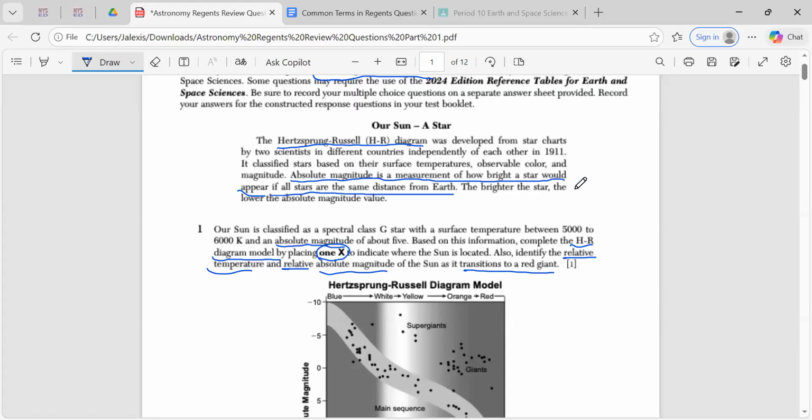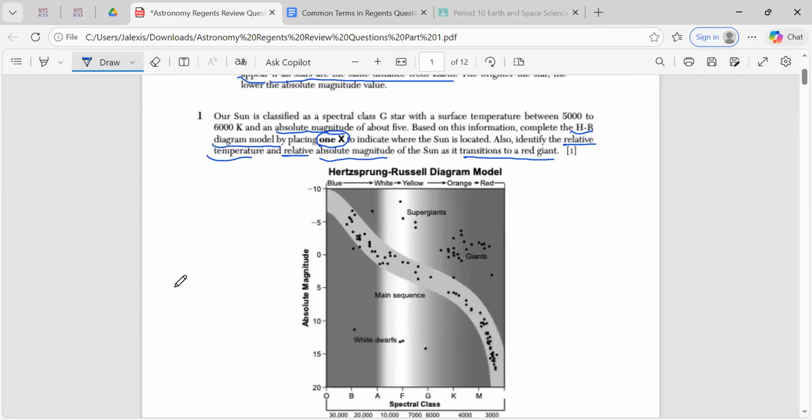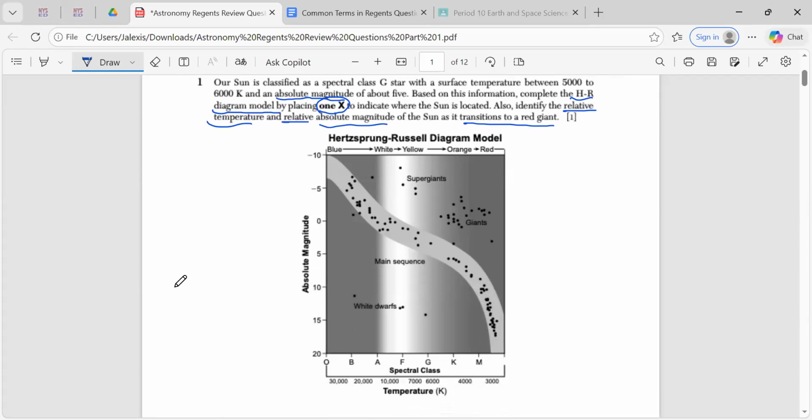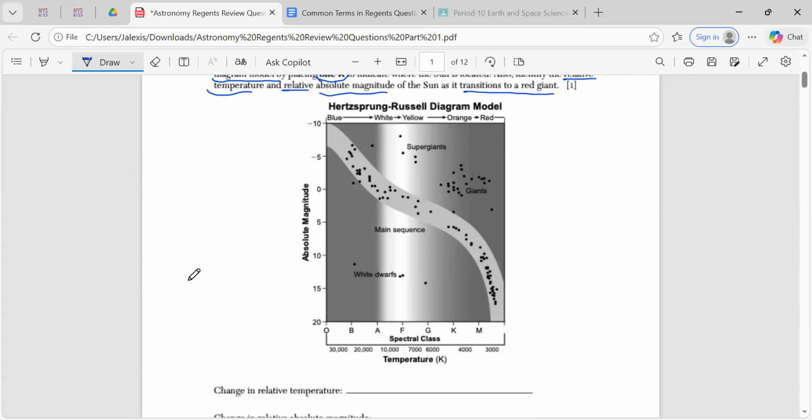The brighter the star, the lower the absolute magnitude value. When I take a look at this diagram, one of the interesting things that I see is that as it goes up, the absolute magnitude goes to -5, -10, and it goes positive as I go down.